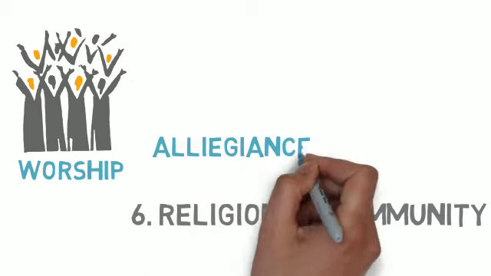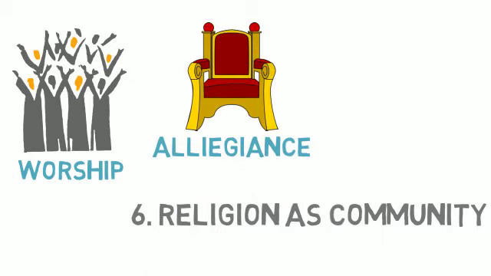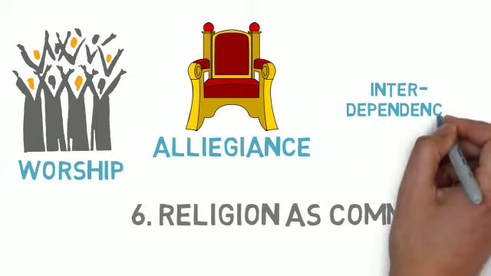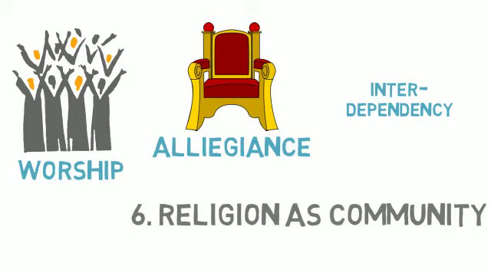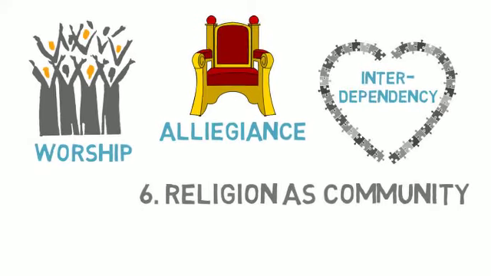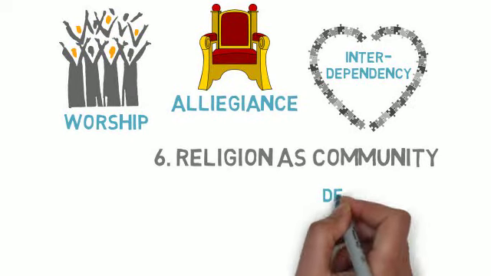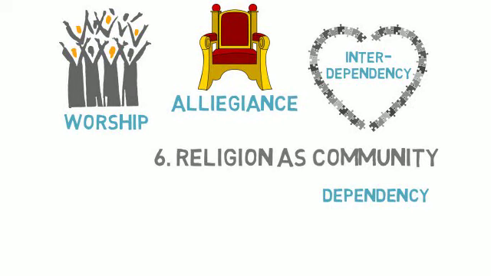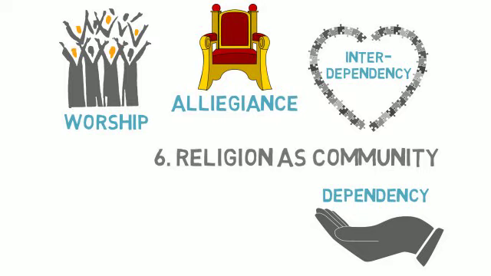As a community of allegiance or loyalty to a human religious authority. As a community of interdependency, for example, where the religious communities share resources and care for one another. Or as a community of dependency, where control over resources is held by political power, legitimized by religious hierarchy.